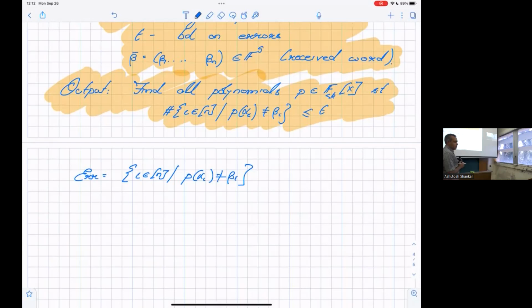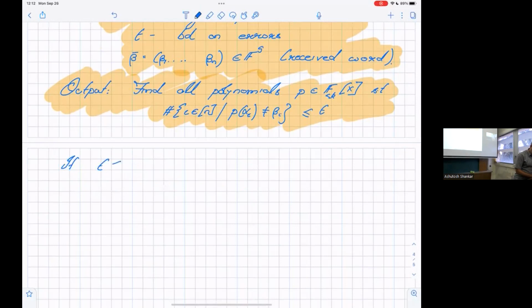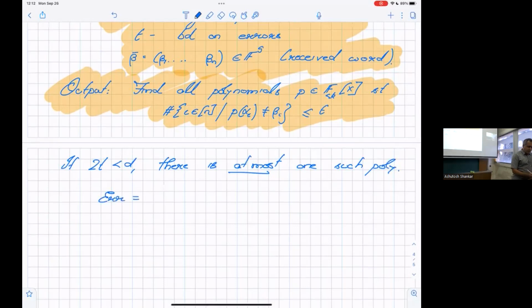By the way, I should say, to even talk about this, if 2t is less than d, there is at most one such polynomial. Hence, I can talk about what I call the errors. Because otherwise, it doesn't make sense to say what this error set is.